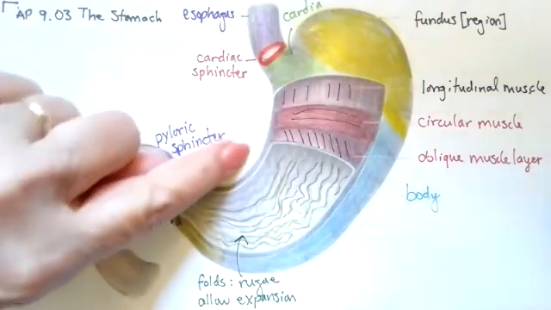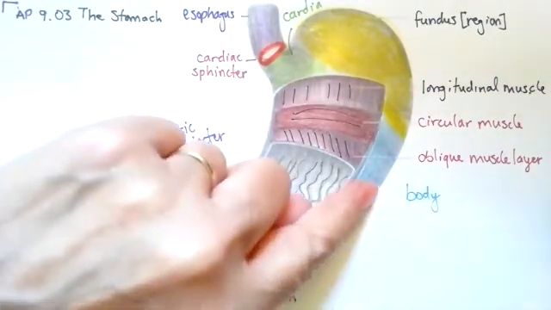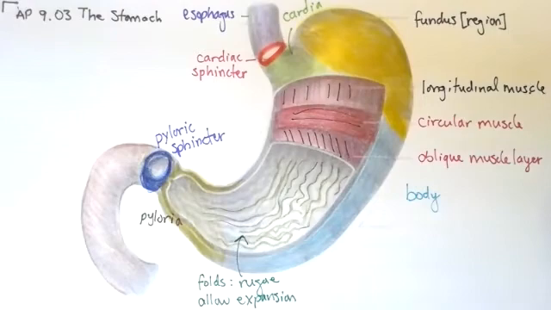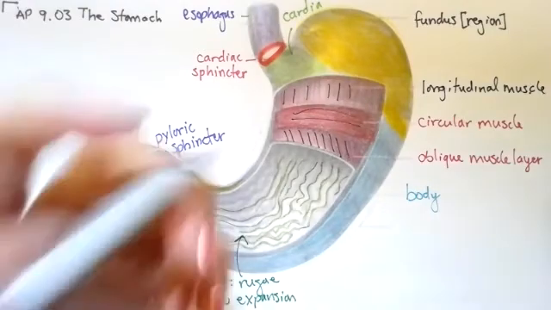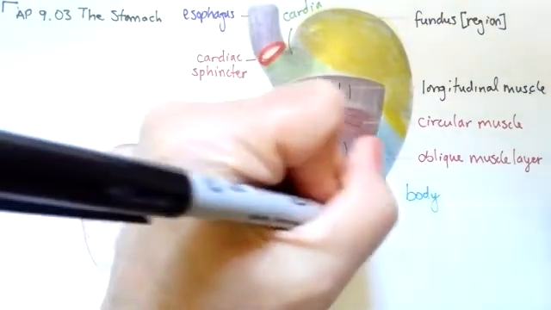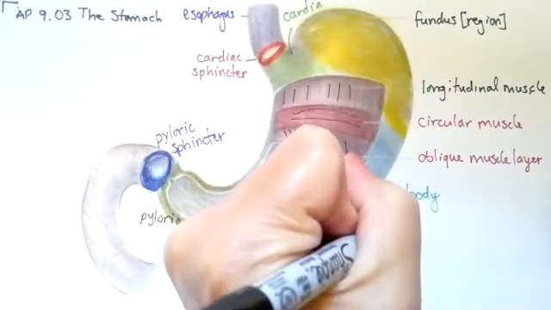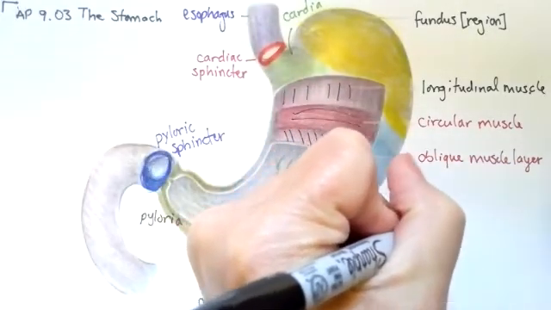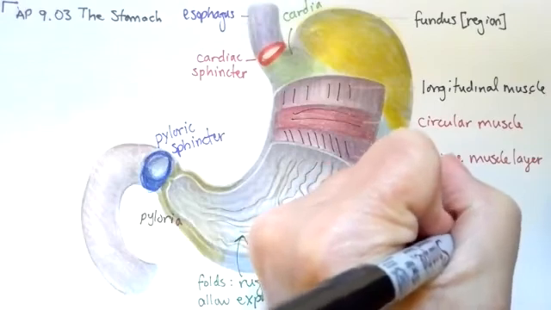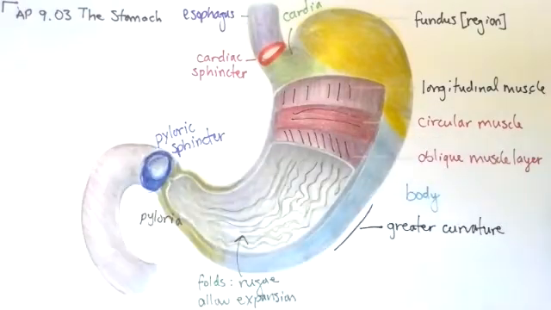You've got two curves here. This is called the lesser curvature, and this is called the greater curvature. I'm not going to put that on the test, but I want to talk about the fact that there's something that attaches here. Greater curvature. In our cats, we saw that there was this kind of an apron of a membrane that is laden with fat that lays over top of the abdominal organs.